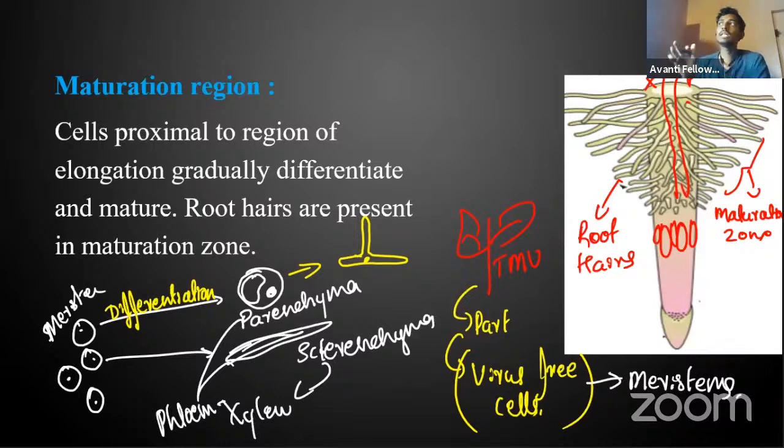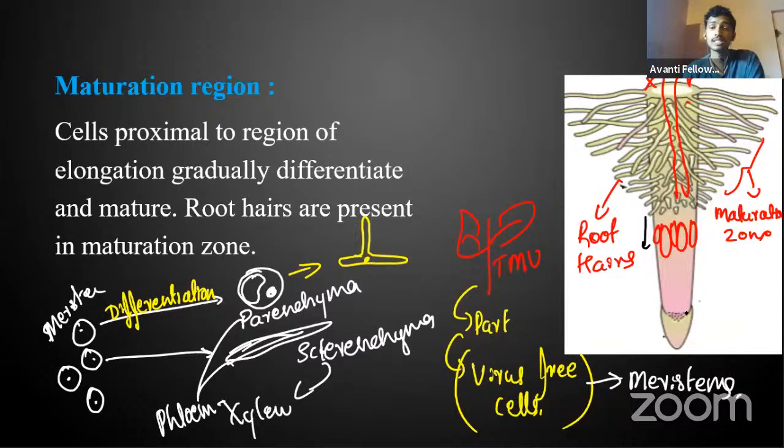Virus normally moves in a plant through the xylem and the phloem, those pipe-like structures. So virus can reach cells up to the maturation zone only. In a few cases, it can reach up to the zone of elongation also. But it can't reach the meristematic zone because there is no connection of xylem and phloem.